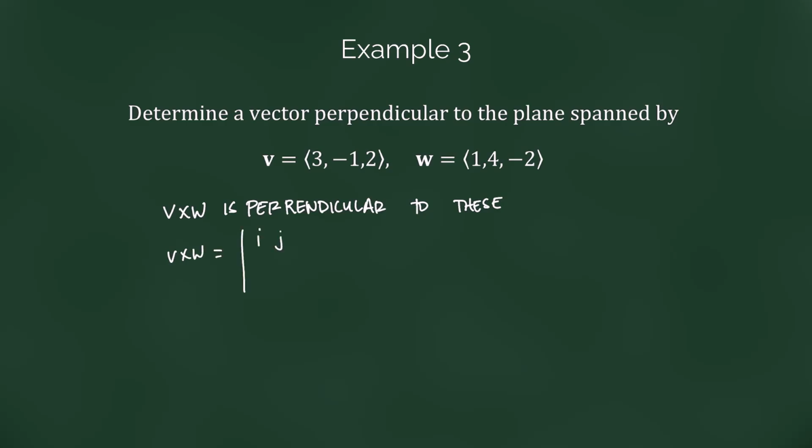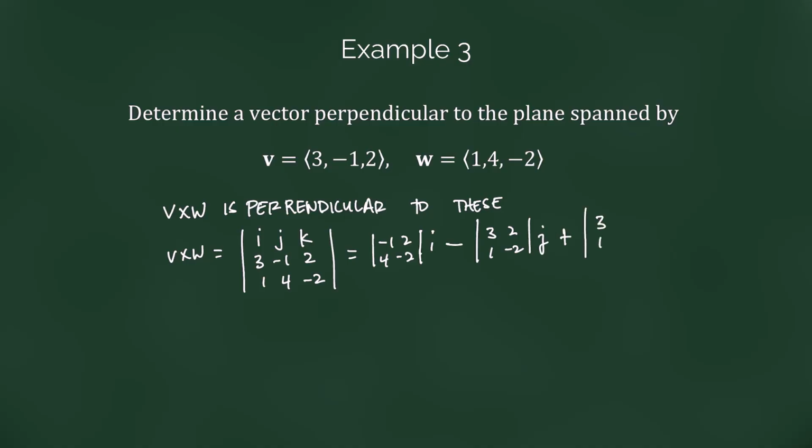And so that's going to be, again, we use the determinant definition, 3, negative 1, 2, 1, 4, negative 2. So we're going to take the determinant of negative 1, 4, 2, negative 2 times i, minus 3, 1, 2, negative 2 times j, plus 3, 1, negative 1, 4 times k, giving us 2 minus 8 times i, minus negative 6 minus 2 times j, plus 12 plus 1 times k.